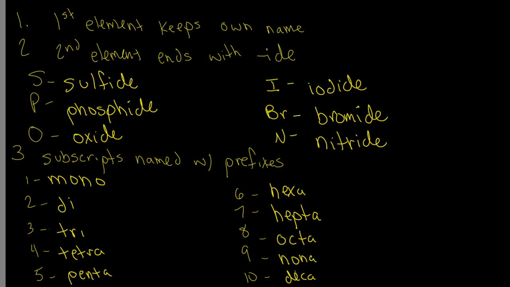So there's your rules. Pretty straightforward, pretty simple. So there's your 3 rules that you need to keep in mind as you're doing your nomenclature. The first element keeps its own name. The second element changes to IDE, and if there's any numbers, give them a prefix.